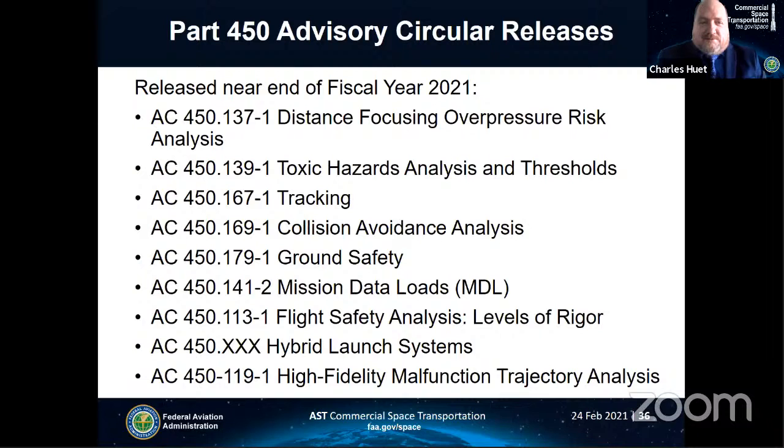Those are the distance focus overpressure risk analysis, the toxic hazard analysis, tracking, collision avoidance, ground safety, mission data loads, flight safety analysis, hybrid launch systems, which won't really be a means of compliance but rather a guide on how to deal with hybrid launch systems, and finally, high fidelity malfunction trajectory analysis. Next slide.